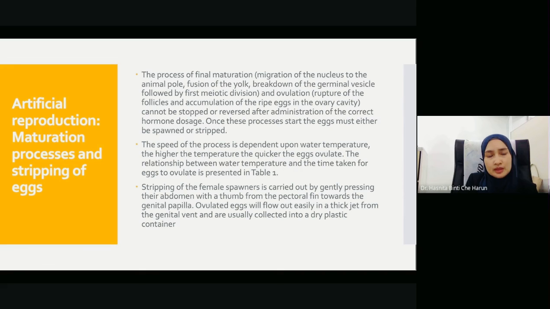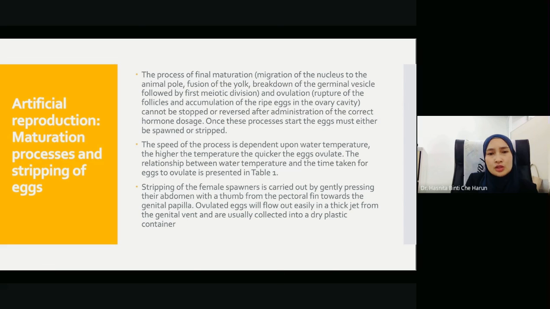Okay, one more thing that you need to know is how to speed up the process of spawning. It is temperature dependent. The higher the temperature, the quicker the eggs will be ovulated.